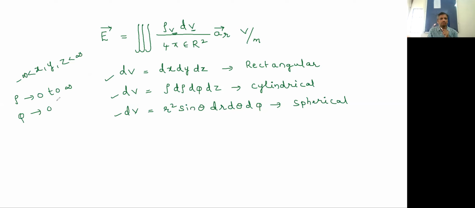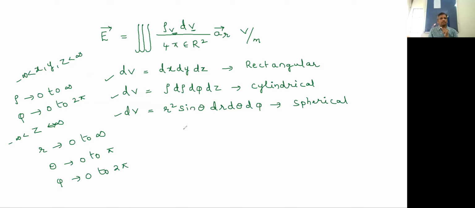The phi limit is always from 0 to 2 pi, and the z limit will be given to you, or else you have to take it from minus infinite to infinite. And the r limit is again from 0 to infinite in the spherical coordinate system. The theta limit is from 0 to pi, and the phi limit is from 0 to 2 pi. This is what you have to use to solve problems and find the electric field intensity.